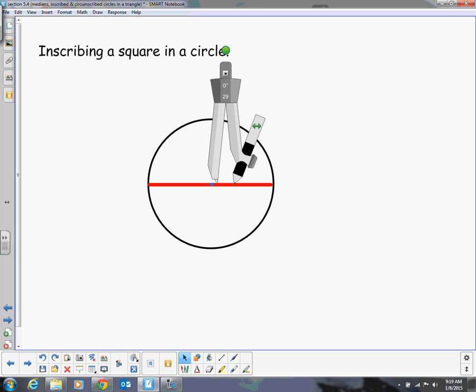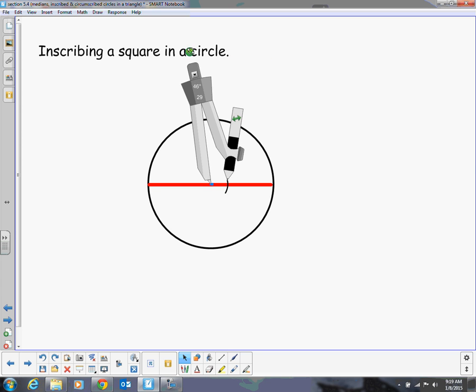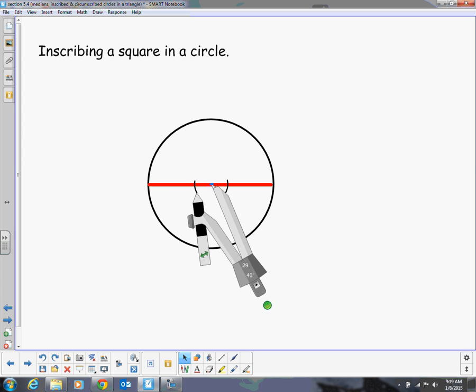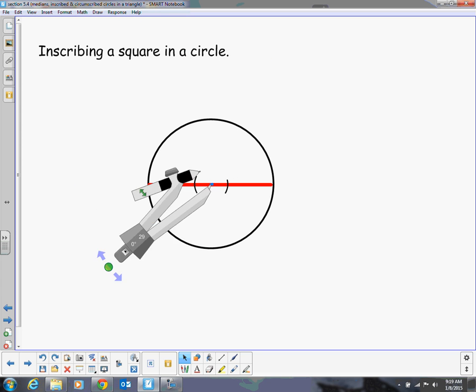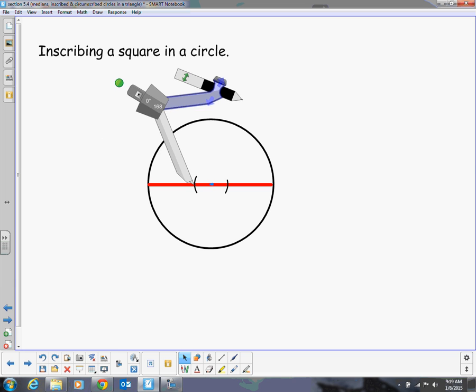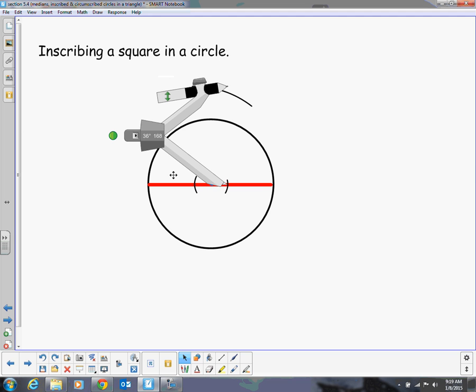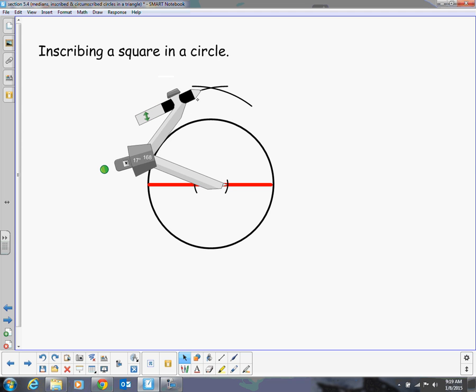All right, so we're going to open up my compass point on the point. We do an arc on this side. We come over here. We do an arc on that side. And now we're going to come over to this point of intersection. And I'm going to open my compass wider so it's up here. I'm going to do an arc, keeping this same opening. Go to that point of intersection, do another arc.